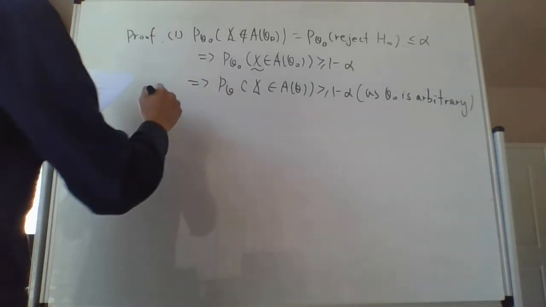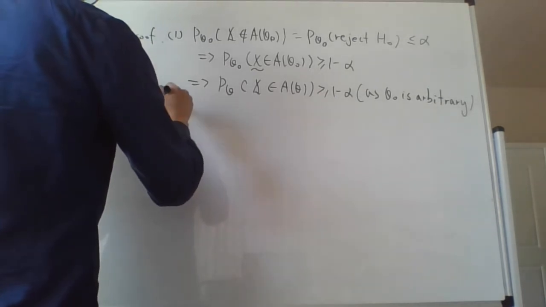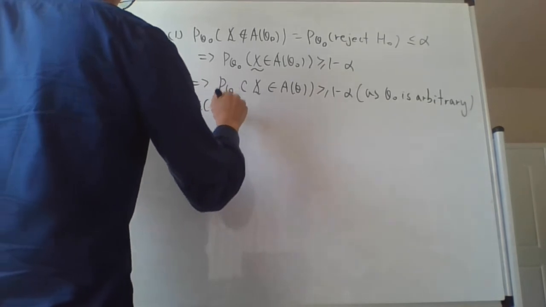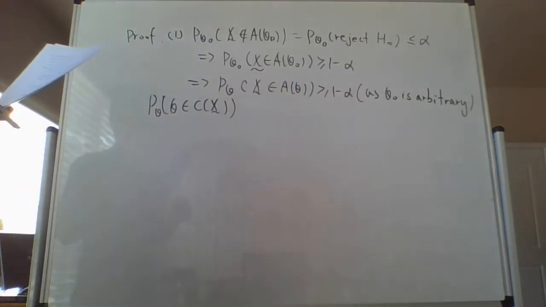So the probability that theta belongs to C(x), now you can see that C(x) is the collection of theta values such that A(theta) contains the sample x.